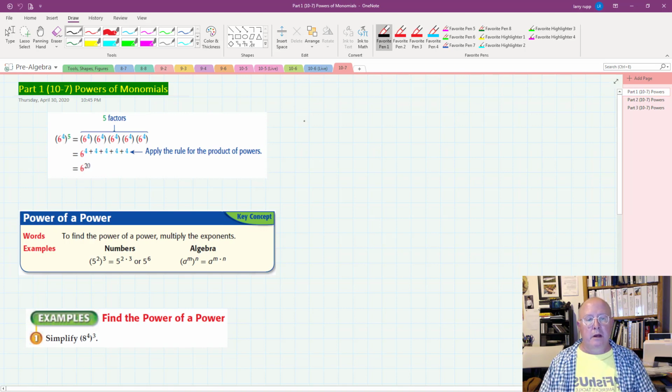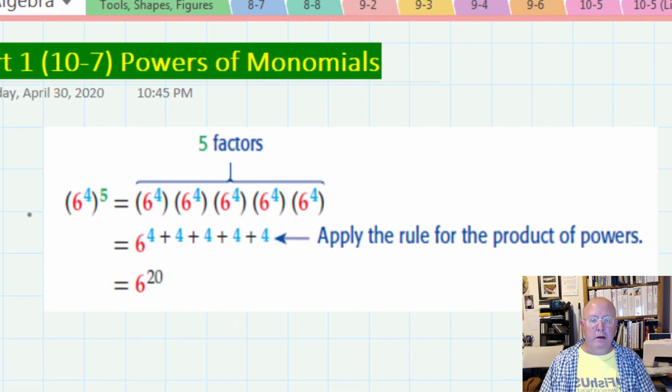If you look here on the left, up at the top, we have something that I've copied from the book, and it's talking about raising a number that's raised to a power to another power. You have 6 to the 4th in parentheses, and that quantity is raised to the 5th power.